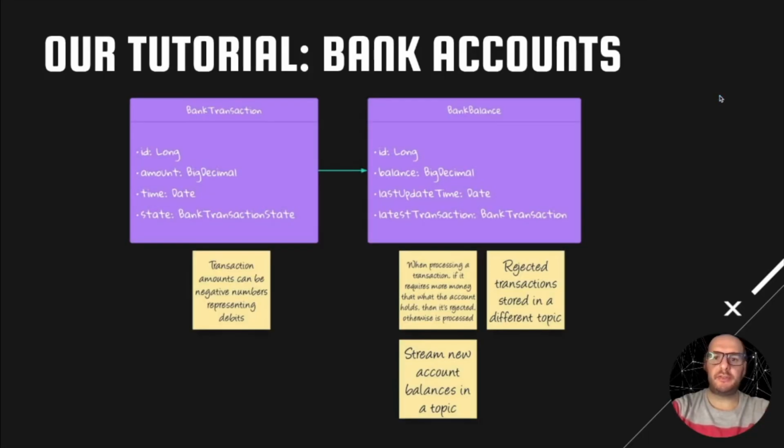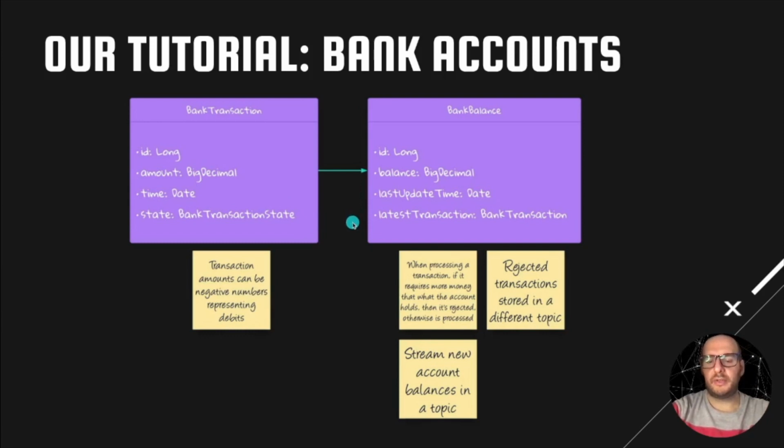Okay, let's introduce our tutorial. In our tutorial, we're going to build a bank account system. Basically, our system is going to receive bank transactions from a stream, and we're going to update the balance of our clients. So we have the bank account transaction. As we can see, the transaction has an amount, it has an ID.